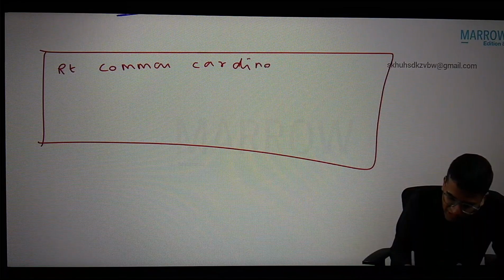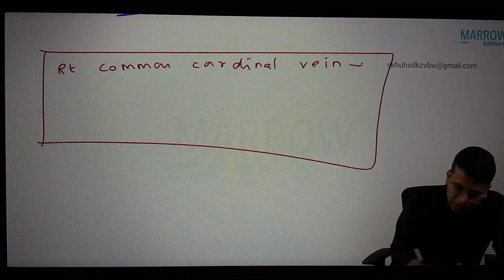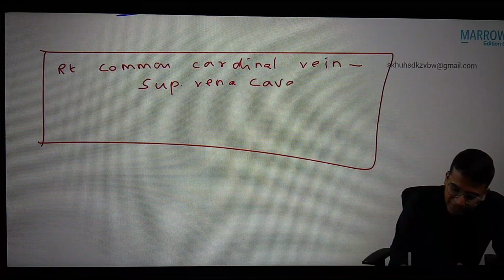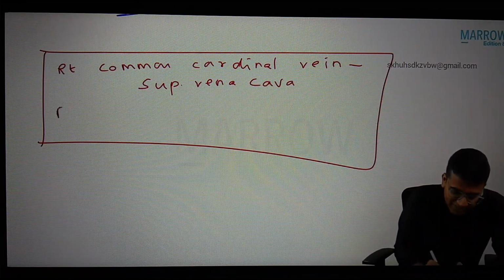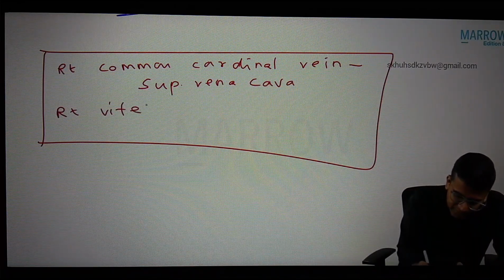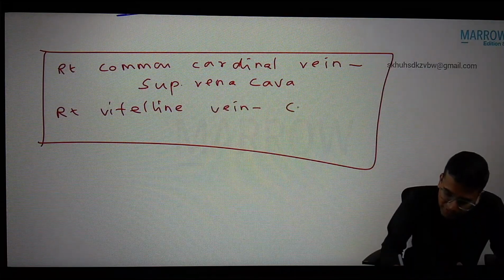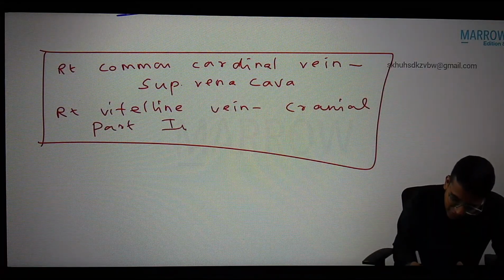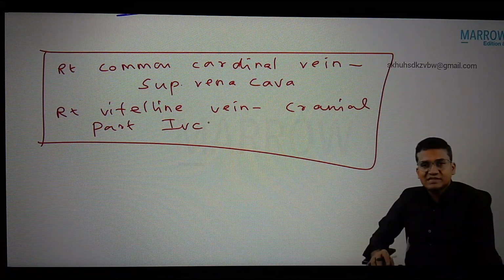Right common cardinal vein will form, helps in the formation of, superior vena cava, SVC. Whereas right vitelline vein will form the cranial part of inferior vena cava. Is that clear?